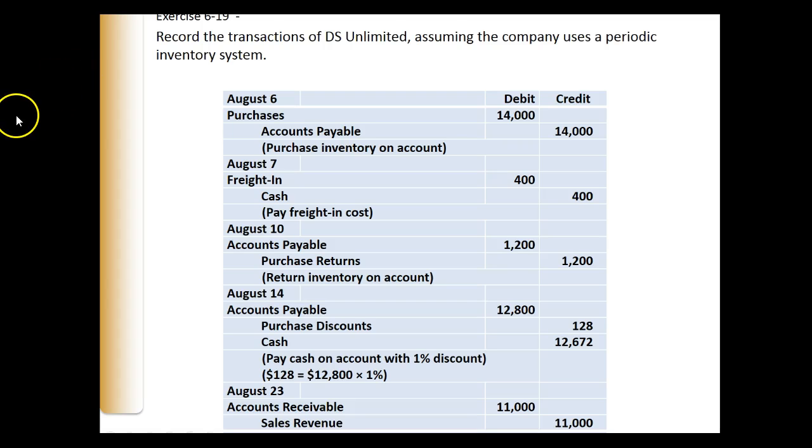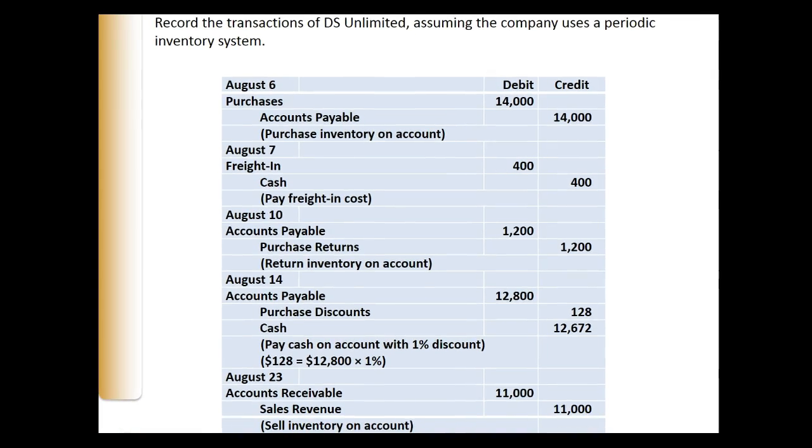On August 14th, when we pay the money with the discount, we will debit accounts payable for $12,800, credit purchase discounts for $128, and credit cash for $12,672. When we sell more inventory, we debit accounts receivable and credit our sales revenue.